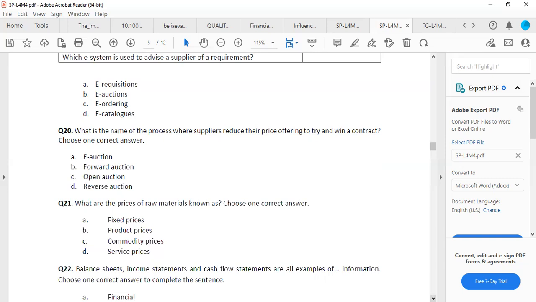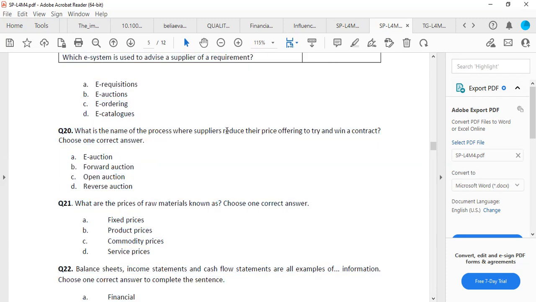Question 20. What is the name of the process where suppliers reduce their price offering to try and win a contract? E-auction, forward auction, open auction, reverse auction. I'm thinking, eh?